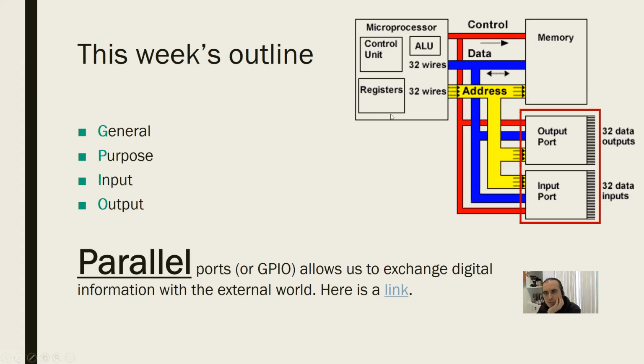Remember, our memory was composed of cells, each with an address which is 32 bits. Remember this. Because the memory cells have address numbers of 32 bits, and because the arithmetic logic unit is 32-bit, this system was called 32-bit.